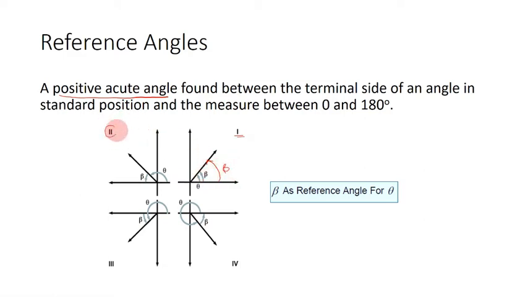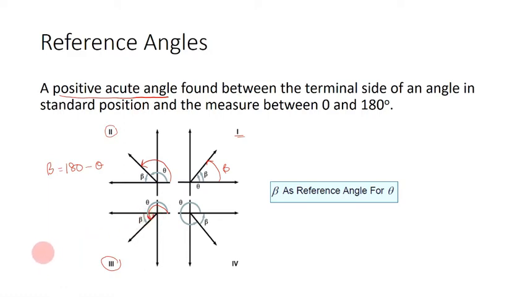For quadrant 2, for example, we have an angle of theta, so the reference angle beta is equal to 180 minus theta. Okay. For quadrant 3, for example, we have an angle from the initial to terminal here.